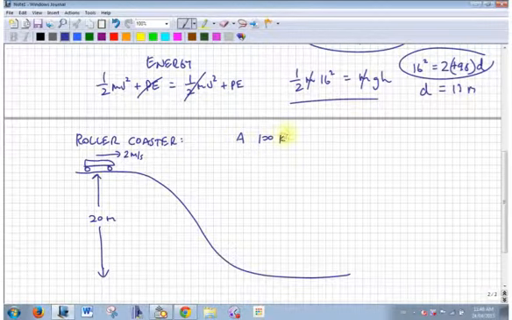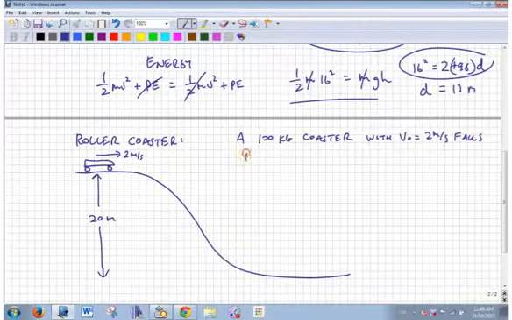Let's write some words. 100 kilogram roller coaster with initial speed of 2 meters a second falls down a hill of 20 meters. I'm feeling pretty lazy, I don't even want to write the word roller.